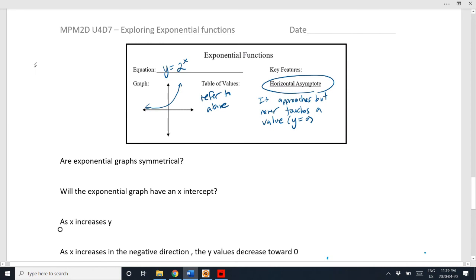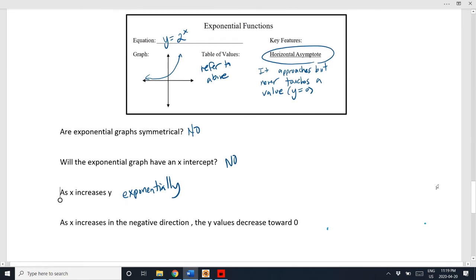Let's answer some more questions. Are exponential graphs symmetrical? No. Will the exponential graph have a y-intercept? No. It'll never touch y is equal to 0. As x increases, y increases exponentially, so just getting bigger and bigger.